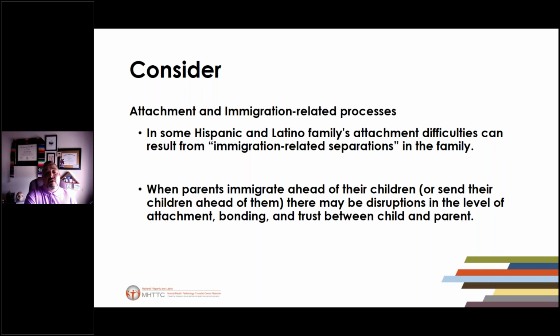Were the adults that were immigrating being targeted and experiencing violence and other things? And then again, what was the immigration pattern for the family? Did parents immigrate ahead of children or vice versa? Was there disruption? Was there disconnection completely from family members? What was that like?